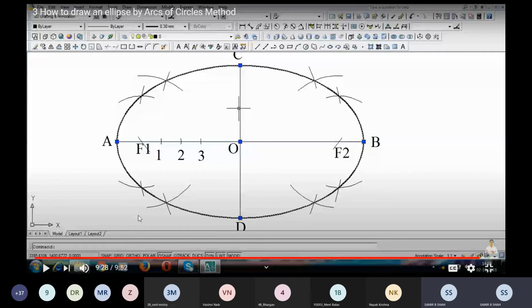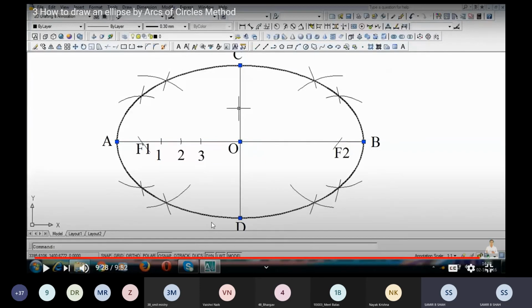What we have to do? We are getting one point M. Join M with F1 and F2. Then bisect the angle F1 M F2 with NN dash. So NN dash is my normal, and from point M I draw the perpendicular to NN dash, which is my tangent TT dash.